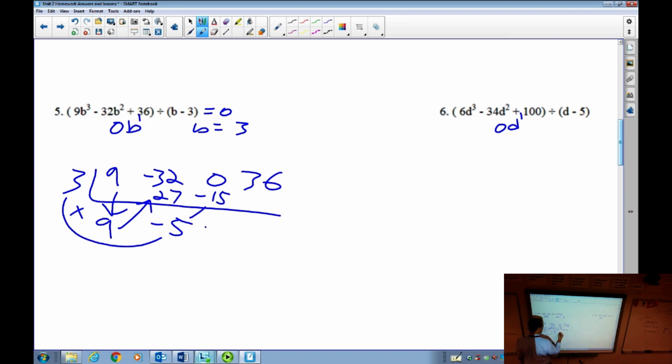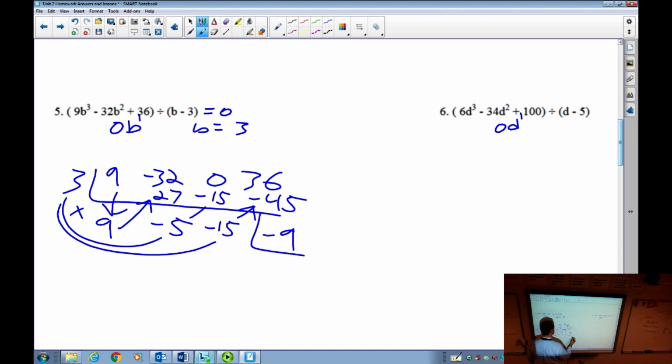Add those up, we get a negative 15. 3 times negative 15 is negative 45. So we are going to get a remainder here. Negative 45 and 36 is, I believe, negative 9.